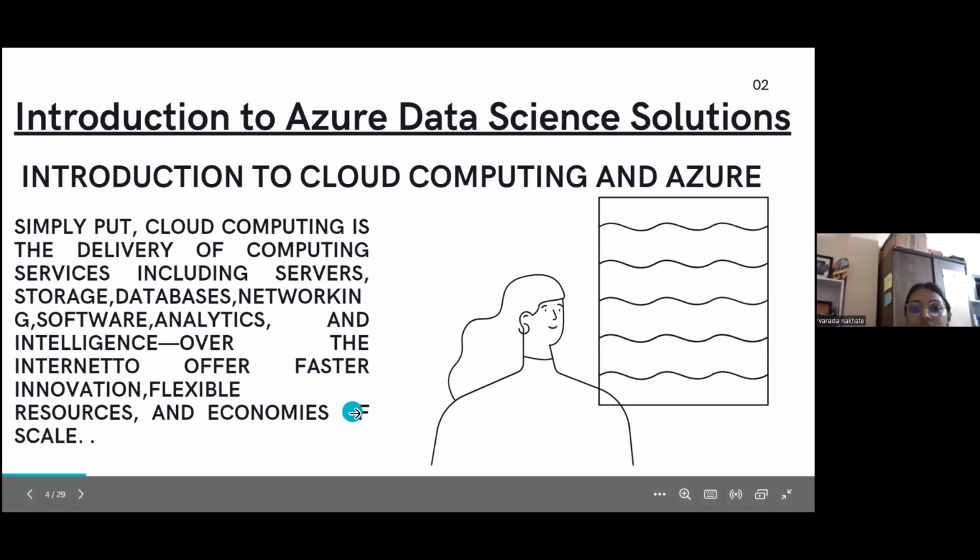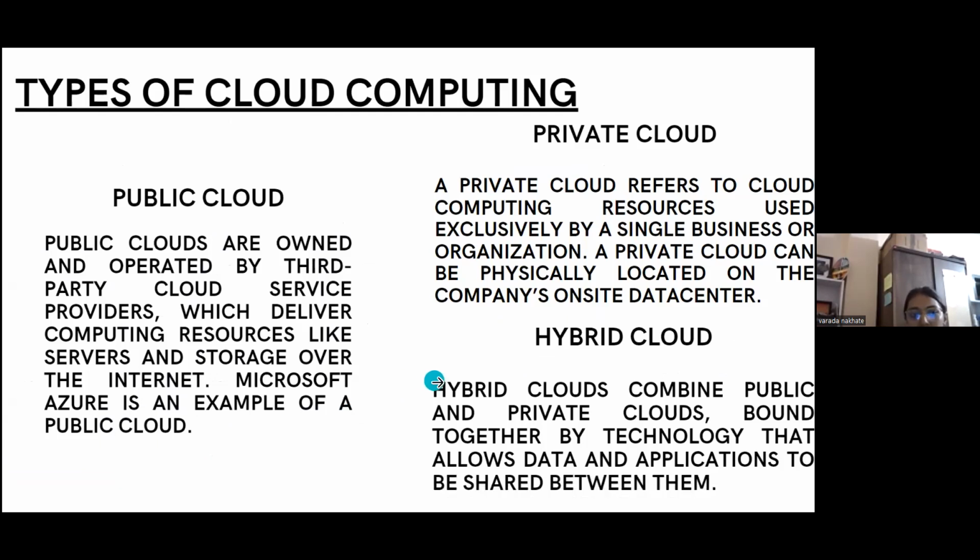Now, when we go further, there are mainly three types of cloud computing: public cloud, private cloud, and hybrid cloud. The public cloud is owned and operated by a third party, and the services are provided by the third party.